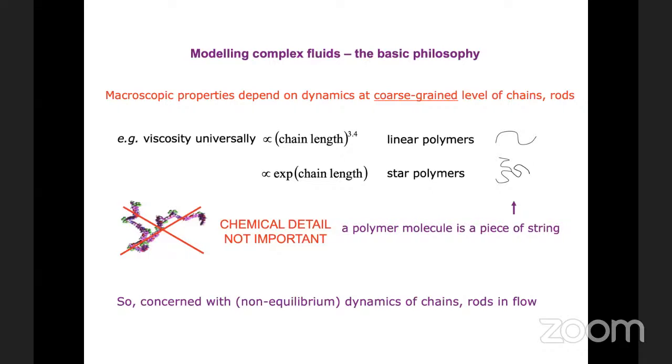The basic idea is that if we're interested in macroscopic properties, such as the mechanical or rheological properties, such as predicting the viscosity, that is the ratio of stress and strain rate in a system of complex fluids, then the basic philosophy that we're going to adopt is that these macroscopic properties typically depend on the dynamics only at the coarse-grained level of polymer chains, rod-like molecules, for example, and don't depend on the precise chemical detail of the atoms of which those chains are made up.